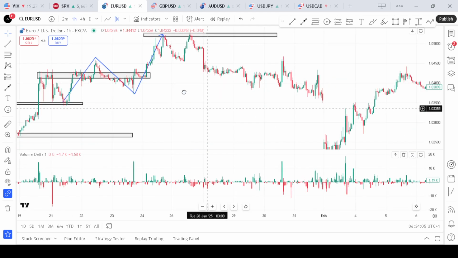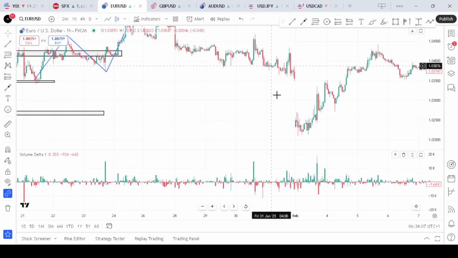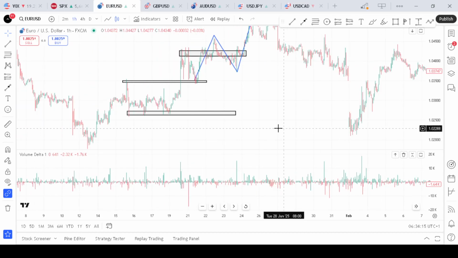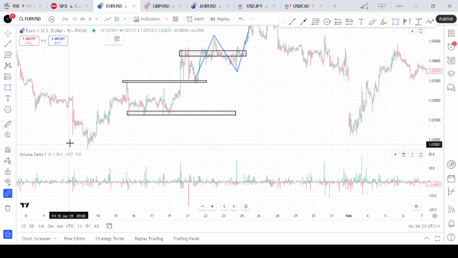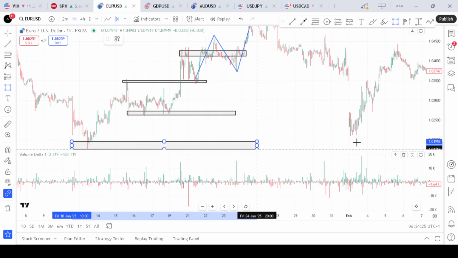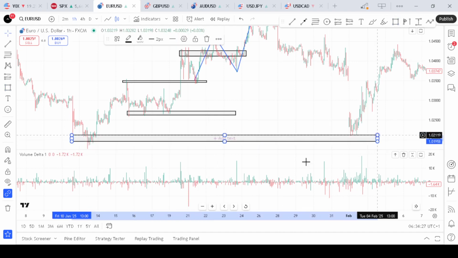Similarly, in a bearish market, when we near a support area, you can remember when you mark resistance and support areas, this is a strong support area on my chart, as you can see.